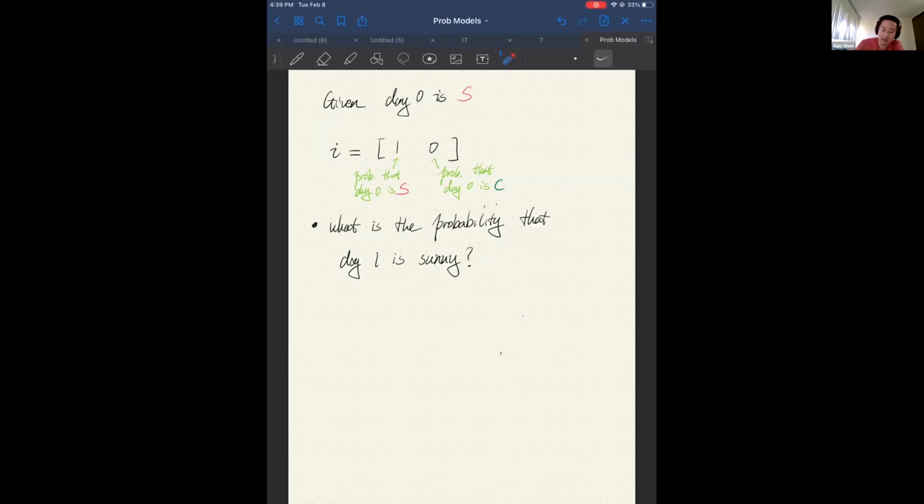Maybe I should say again, it's from the same model that we have seen before. Maybe I'll add it here. So we have S and C. This is 0.9. This is 0.1. This is 0.5, and this is 0.5.